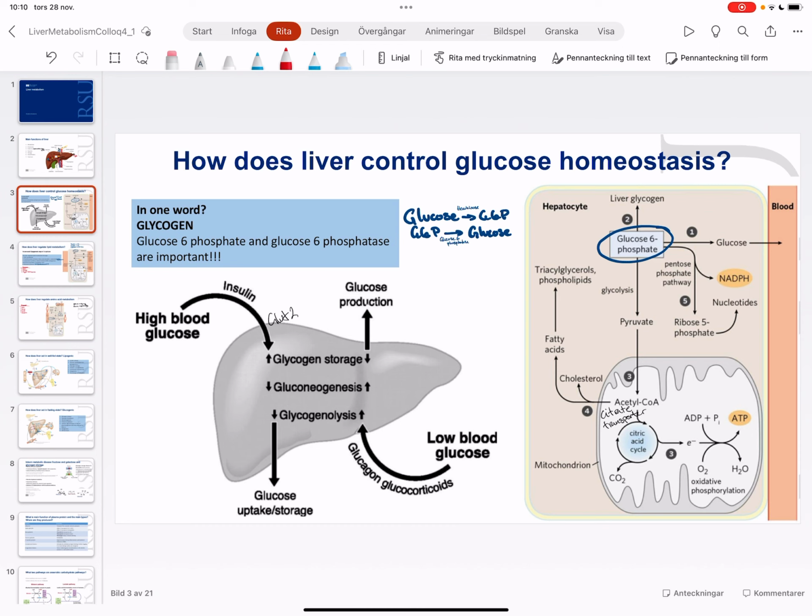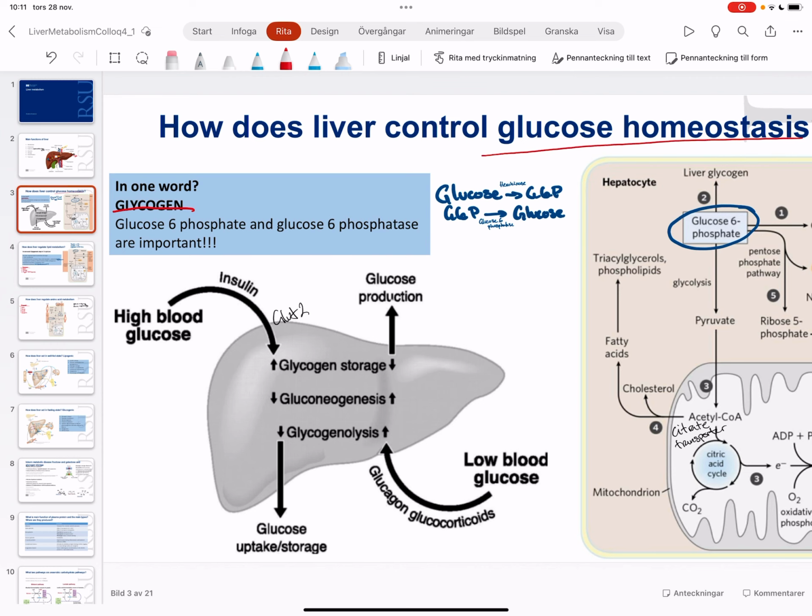So how does the liver control glucose homeostasis? In one word, it will be glycogen. The liver can control glucose homeostasis by two hormones, insulin and glucagon, and these two hormones will regulate glycogen. If we have insulin, that means that we have just eaten and insulin will be produced.